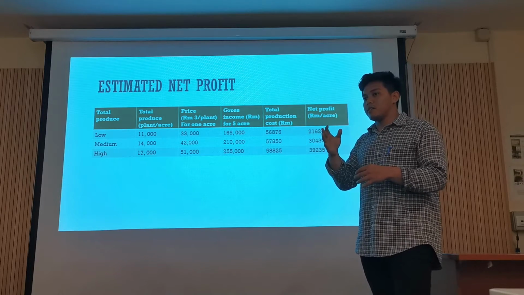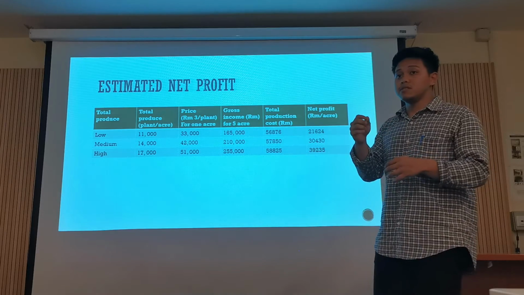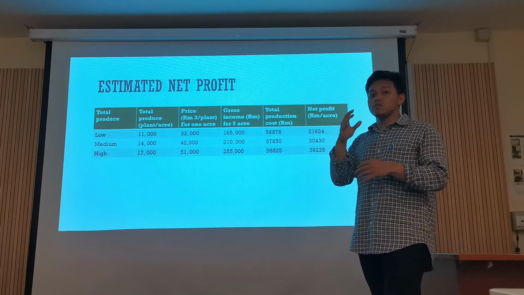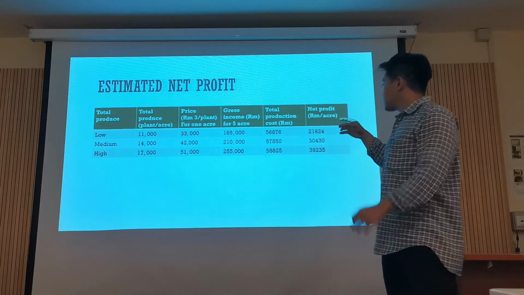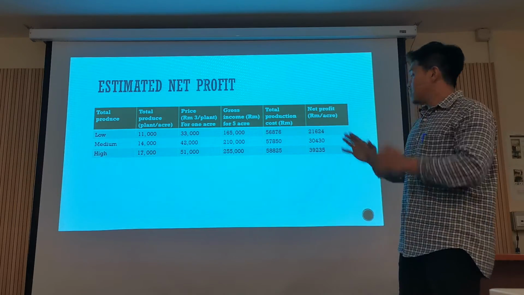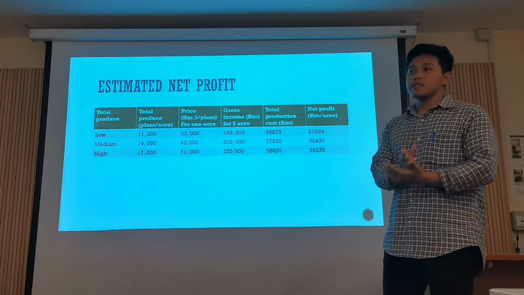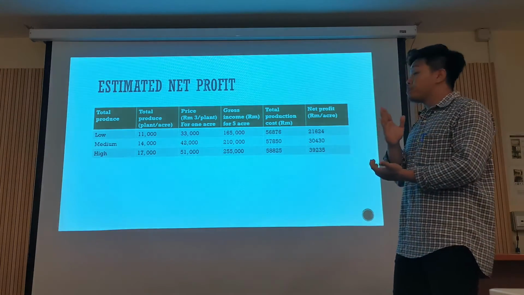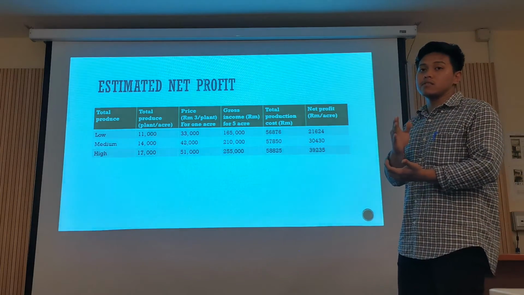weeding, and also increasing in labor and energy. So the cost of the project is increased, and it is around 58,885, and we can get profit per acre around 39,235.